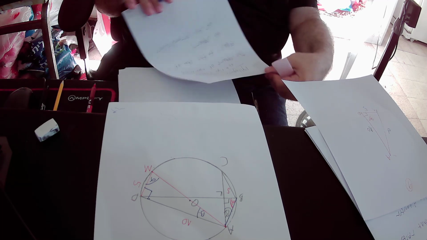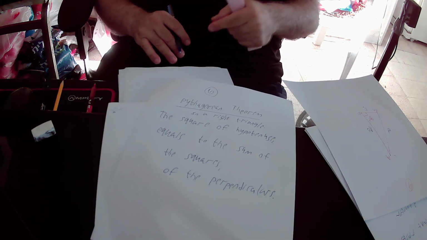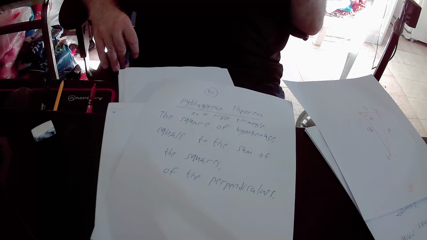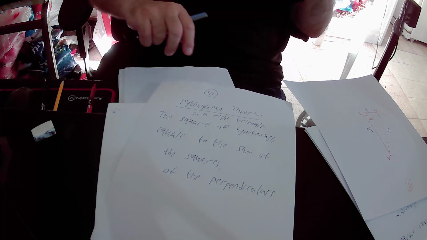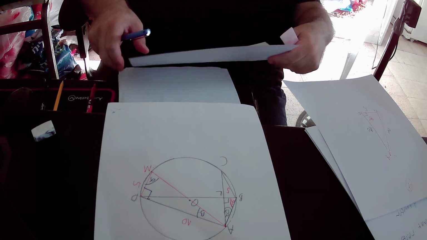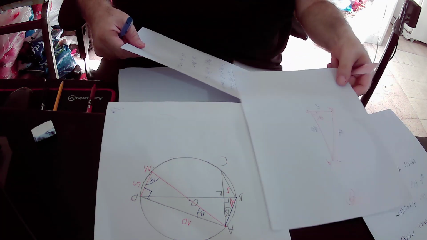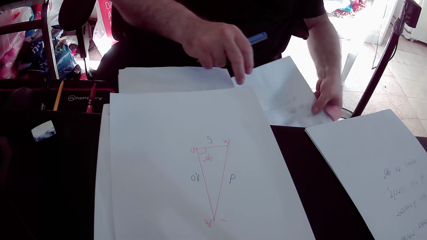So I will read the Pythagorean theorem again. The Pythagorean theorem relates only to right triangles. In a right triangle, the square of the hypotenuse equals the sum of the squares of the perpendiculars. So we can implement the Pythagorean theorem in our right triangle.